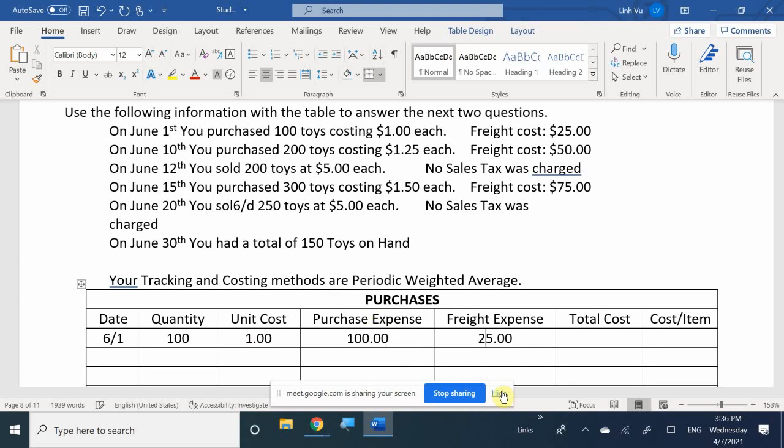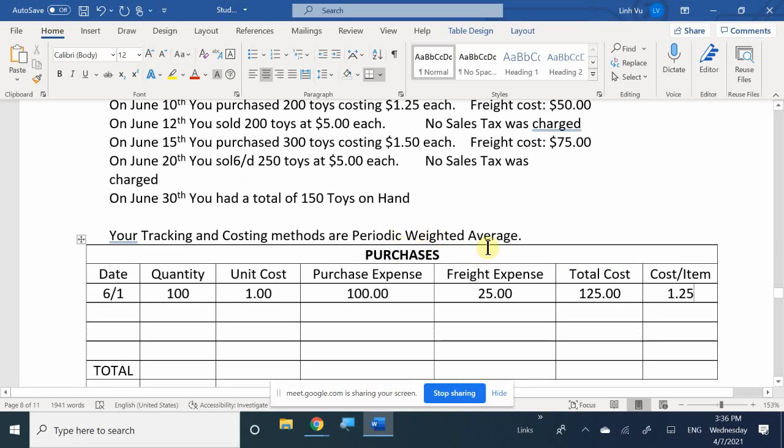Okay, that's total cost. So total cost is $125, bringing your cost per item to $1.25. Once again, you could do that for practice purposes only. Just know that when you're dealing with weighted average, it's not necessary to calculate that.